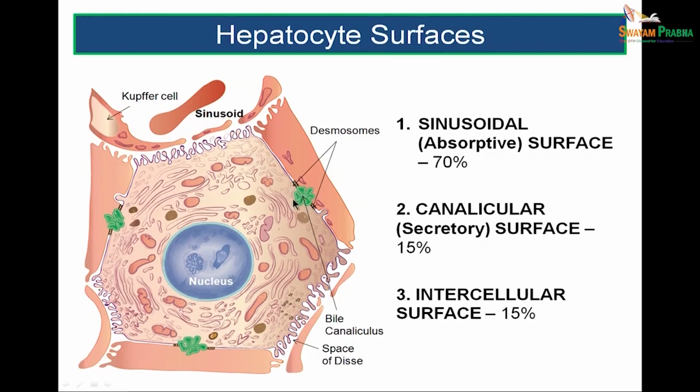These are the bile canaliculi, and the canalicular surface is a secretory surface. It makes up 15% of the total surface area. The rest is called the intercellular surface. It just has cell junctions between the two sides of two cells, and it makes up the balance 15% of the surface. So, the hepatocyte has got a sinusoidal surface, a canalicular surface and an intercellular surface.